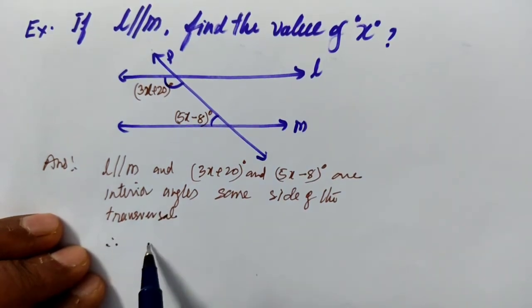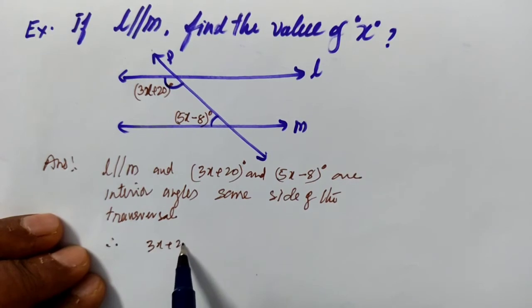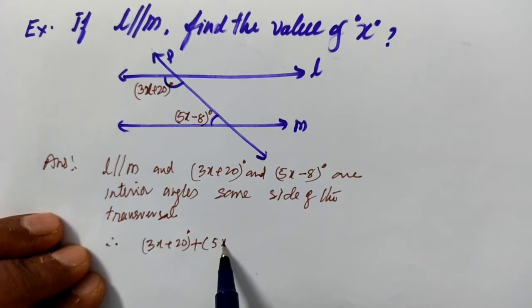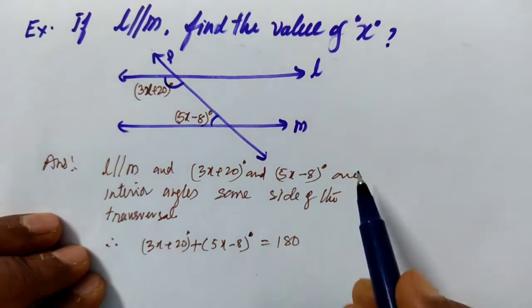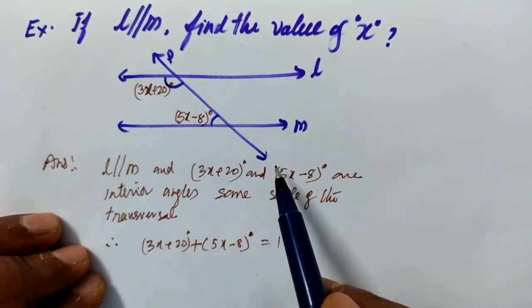Therefore 3x plus 20 degrees plus 5x minus 8 degrees is equal to 180 degrees. So this is the property of parallel lines.